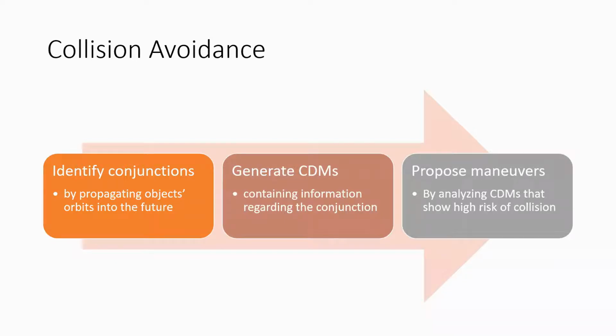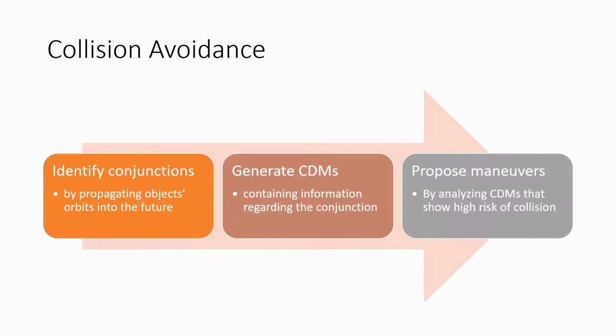Now, if such a conjunction event is about to occur, there's a conjunction data message, or CDM for short, that is generated, which contains information about the conjunction itself. So for example, the probability of collision, the position and velocity of the two objects, and the error in position and velocity, which is again a very important part.